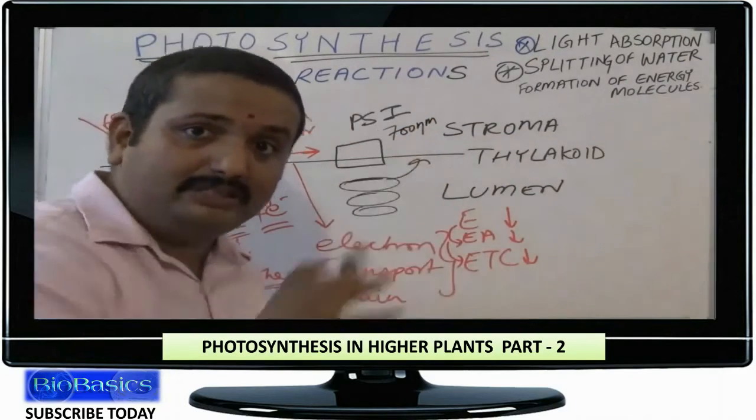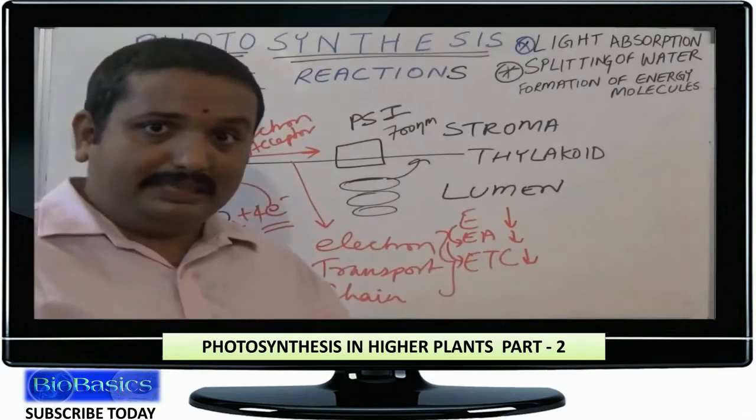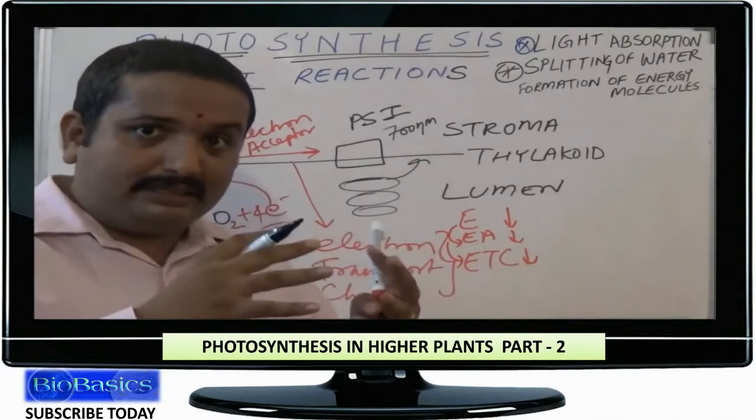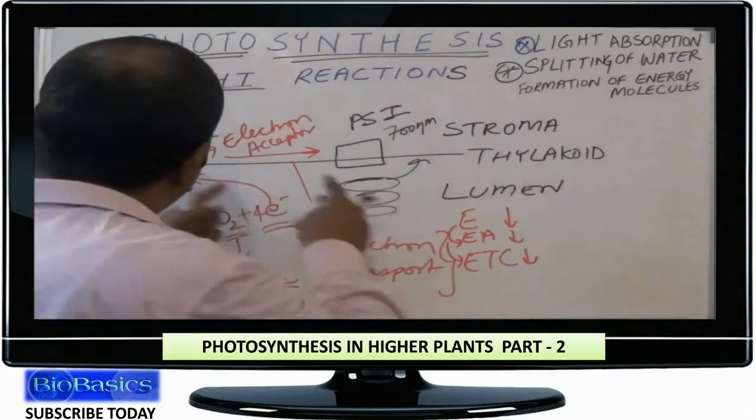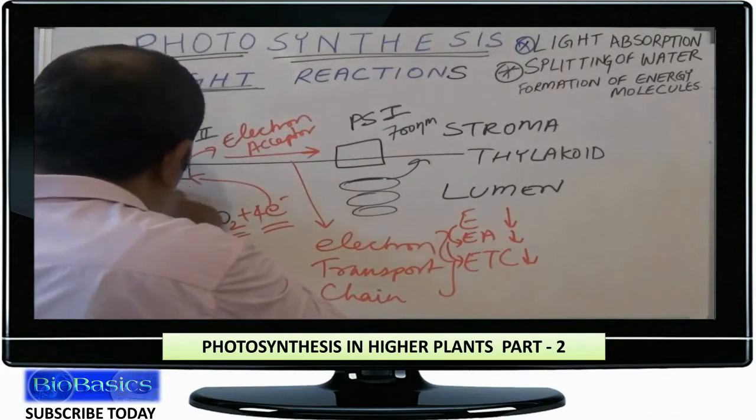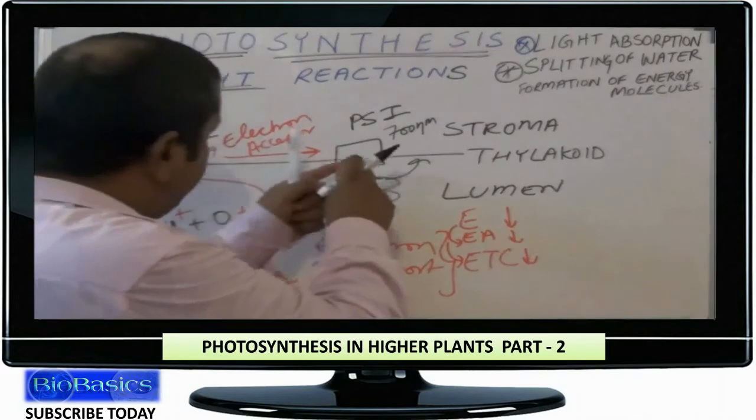So this is the basic difference. Otherwise both of them are the same. The pigments and other systems are all the same. So the same thing that is happening in system 2 should happen here also.